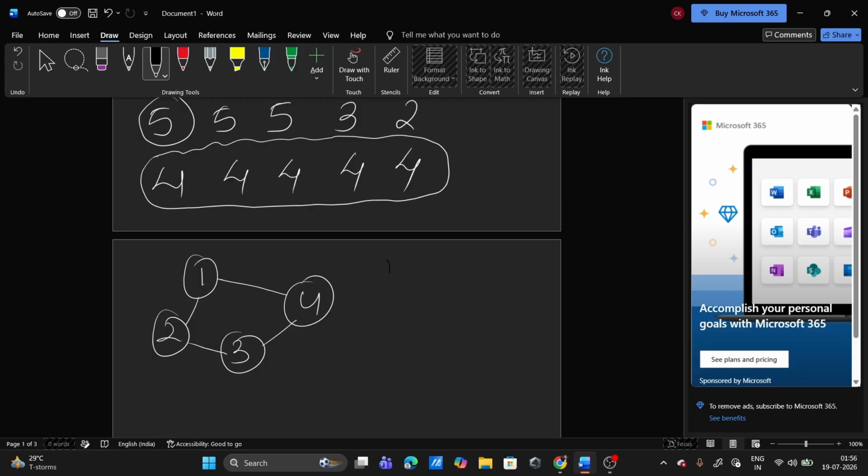I'll draw it here: 1, 2, 3, 4. Join this, and simply join this. See, this graph is also connected, and it has only three edges.